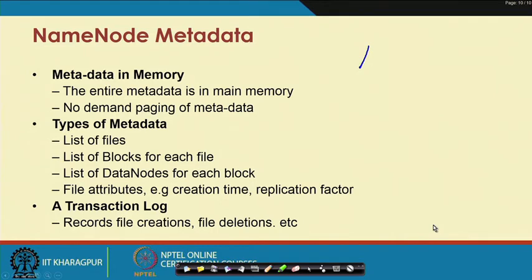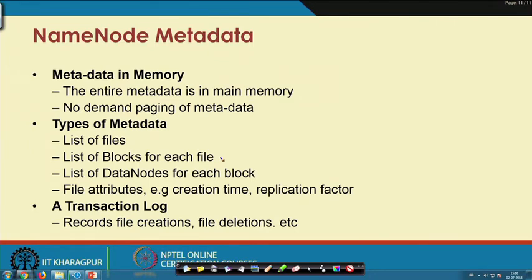Okay. So, as discussed already, the name node stores all the metadata. Typically it will store a list of files, and then for each file a list of blocks, and then for each block the list of data nodes on which these blocks are stored.